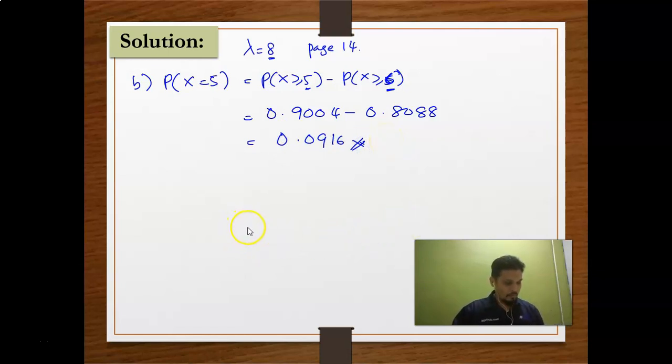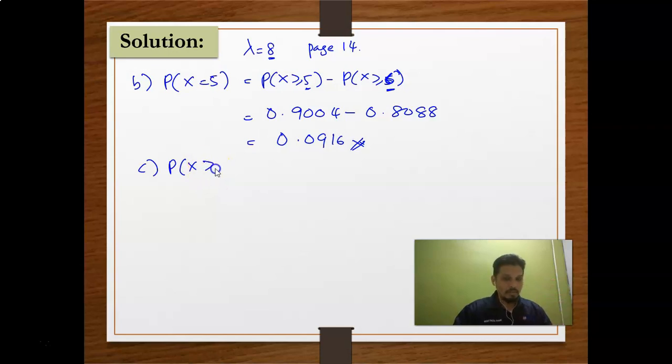And for question C, at least 3 calls are made. At least 3 calls, it is the probability of X. The least number of calls here is 3, so it can be 4 or 5 or more.